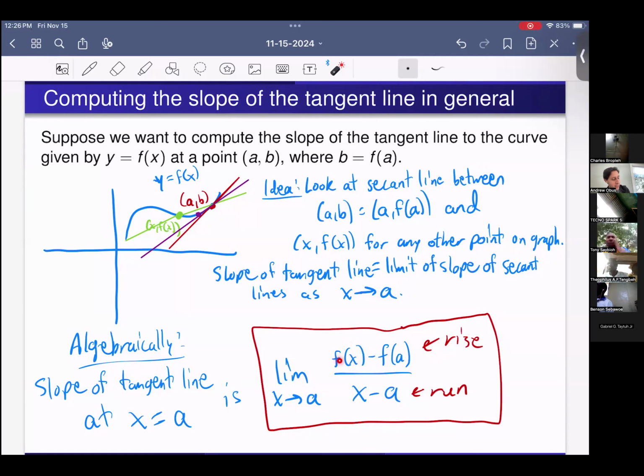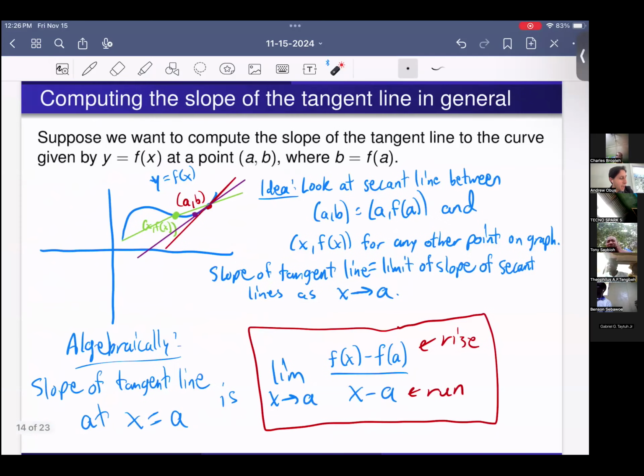So we did x squared minus 2 squared divided by x minus 2. That's how it worked in the last example. Okay. So each one of these is the slope of a secant line, and we're taking the limit as x approaches a, as the 2 points on the secant line get closer and closer together so that we end up with a tangent line.